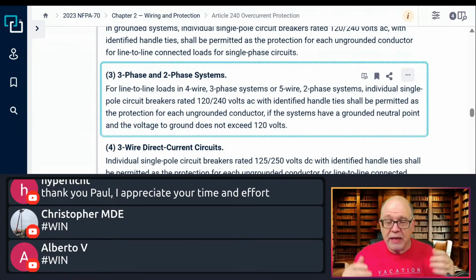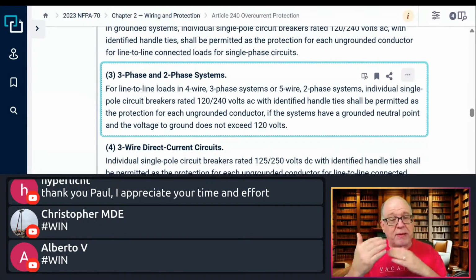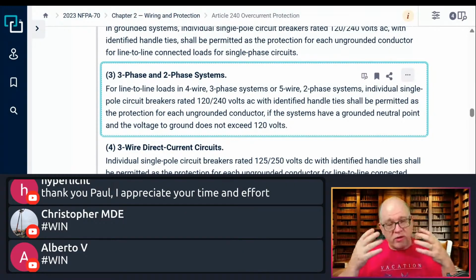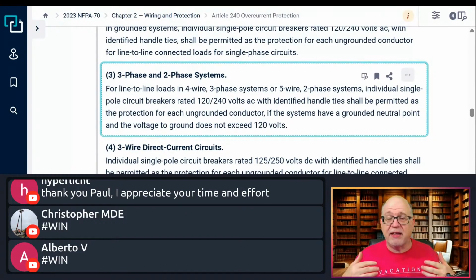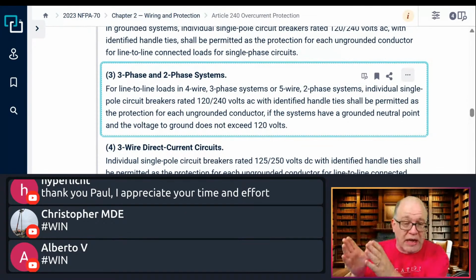You're not doing that to get 240 volts. If it's a standard breaker that's not rated for 240, then you can't put the two single poles together to use as 240 volts. It says that right there. You're going to go with a 2-pole breaker to do that, or you're going to find some single poles rated 120/240, which means they're designed to work together with another breaker with an identified handle tie to do a line-to-line load.